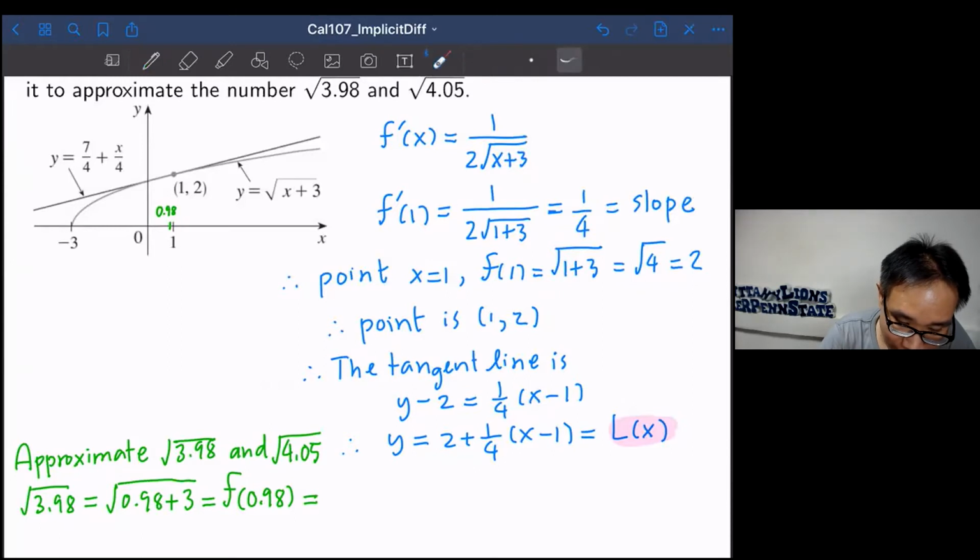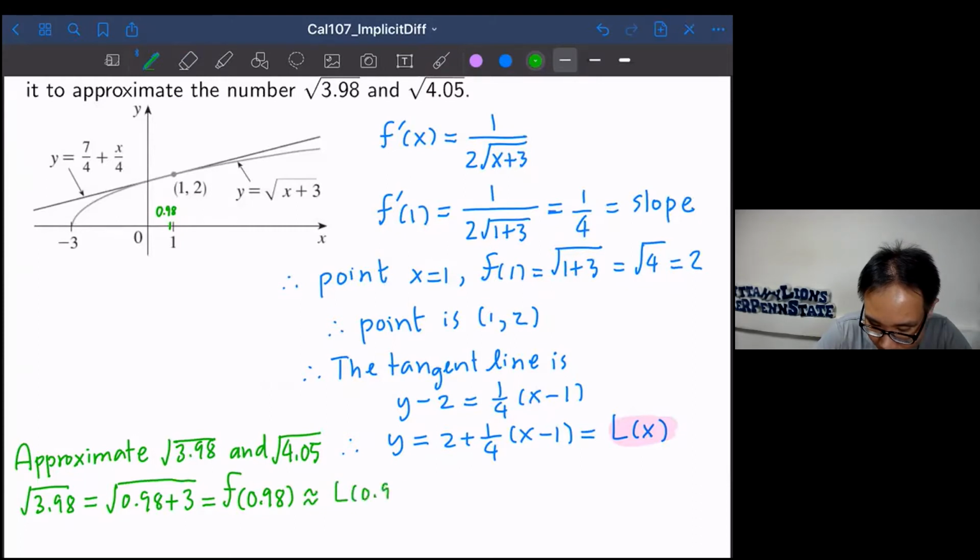By using our linearization, we're going to be able to approximate this guy using L(0.98). And L(0.98) is going to be 2 plus 1 quarter times (0.98 minus 1). And this guy will be minus 0.02, so this one will be 2 minus 0.02 over 4.